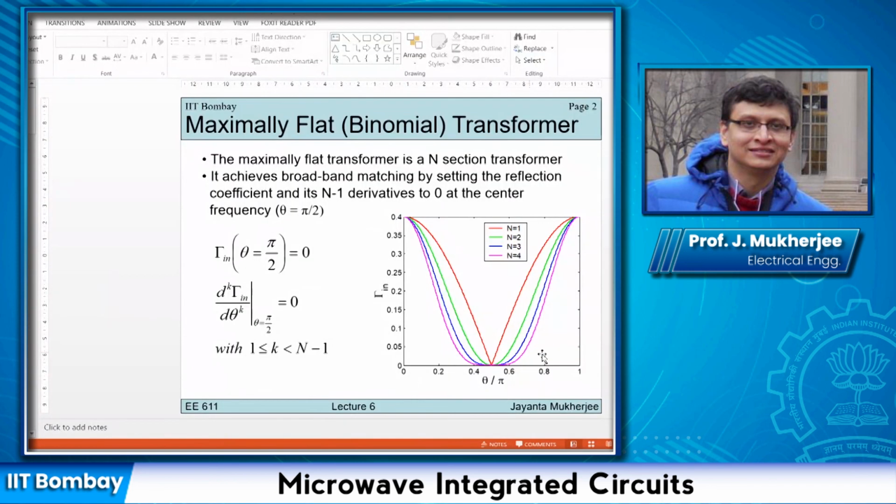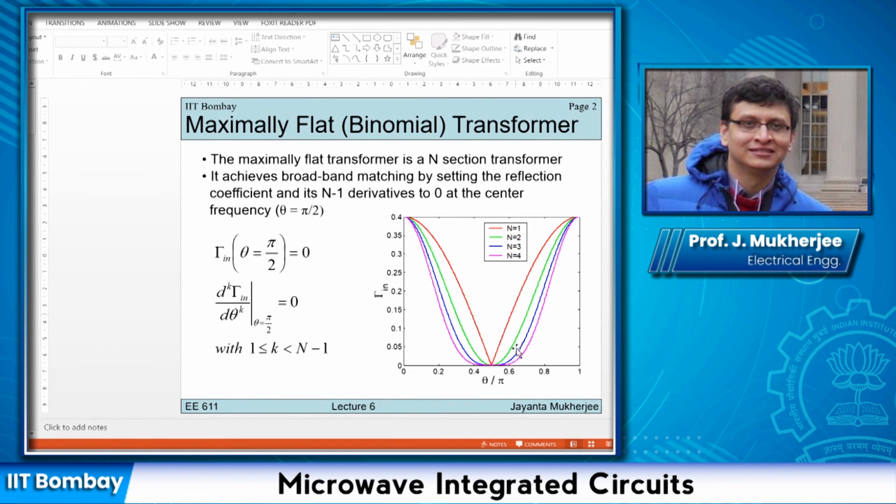Look at this graph. You see that for n equal to 1, the bandwidth is only this much. Say if we take any value of gamma in, say gamma in equal to 0.1, the bandwidth for n equal to 1 is the lowest, and for n equal to 4 is the highest.